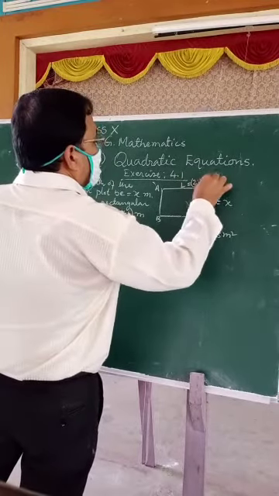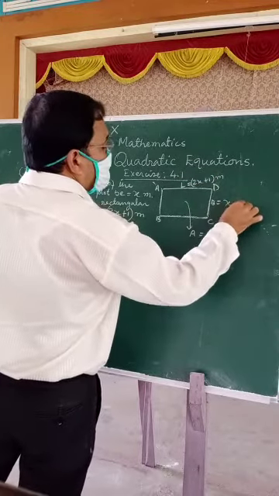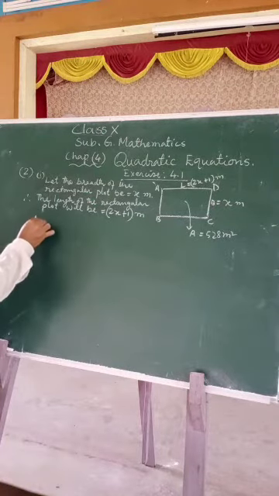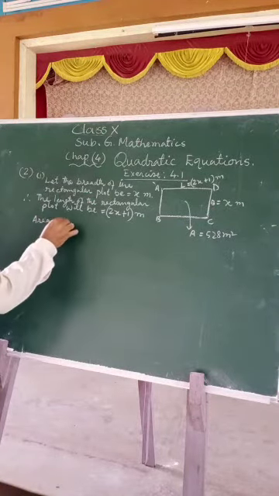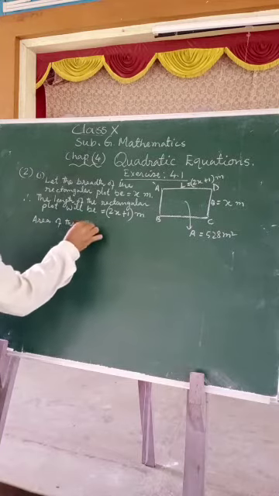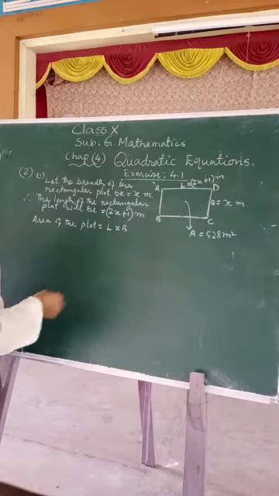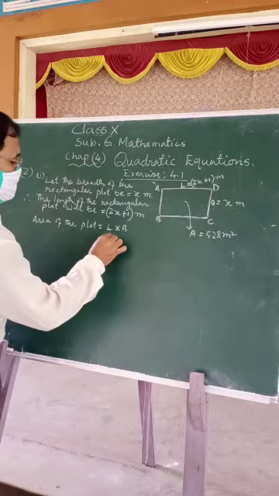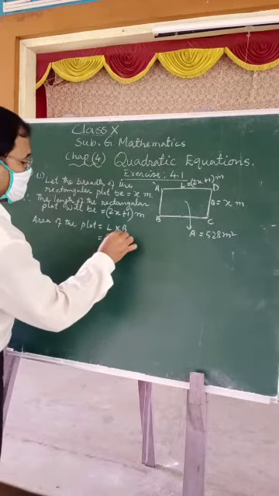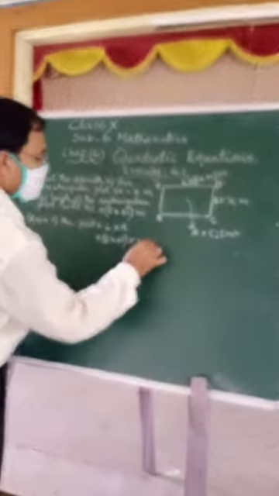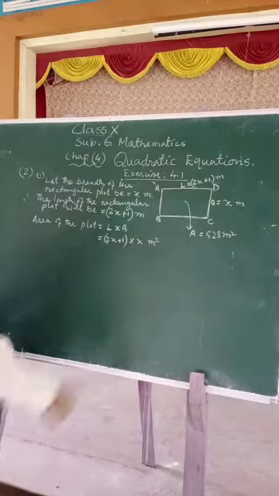We know that the area of the plot equals length into breadth, that is twice x plus 1 into x, in meter square.